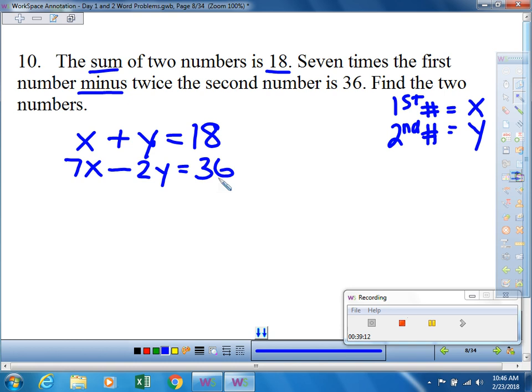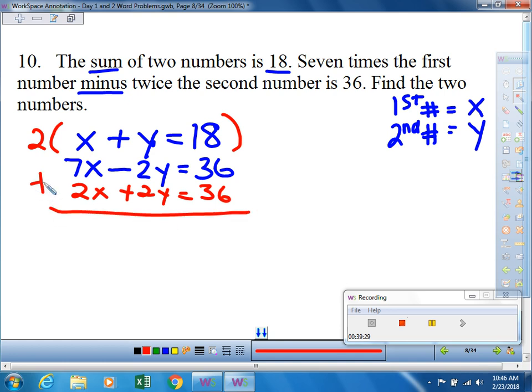What is this set up for? Elimination. What do I multiply this by? 2, and it's going to be positive because these are already opposite signs. So 2x plus 2y equals 36. Now I can add down. 9x equals 72. When I divide, I get x equals 8.